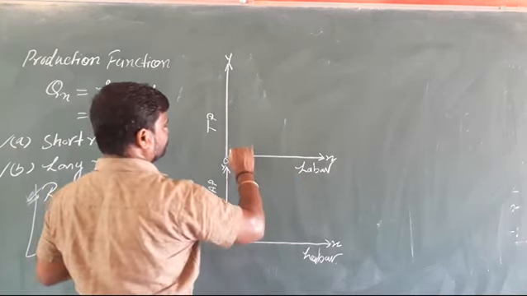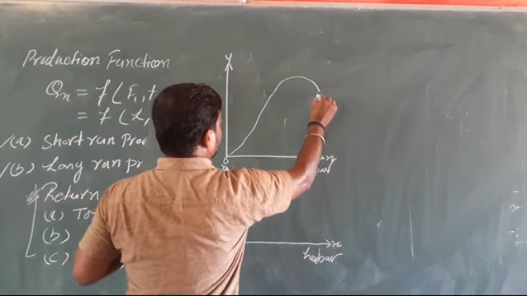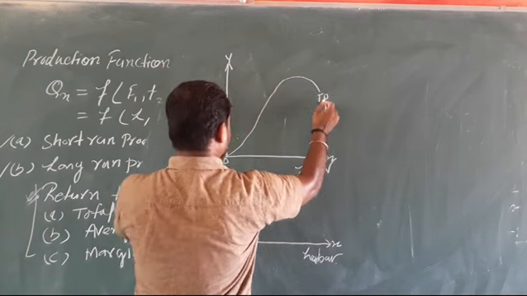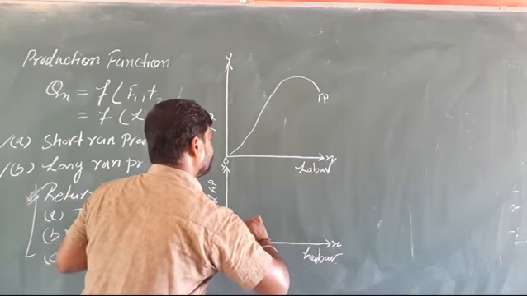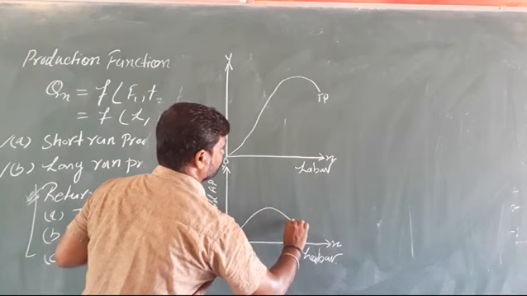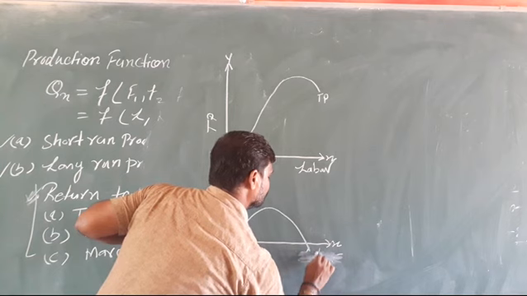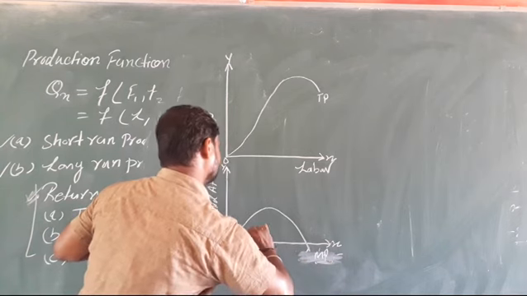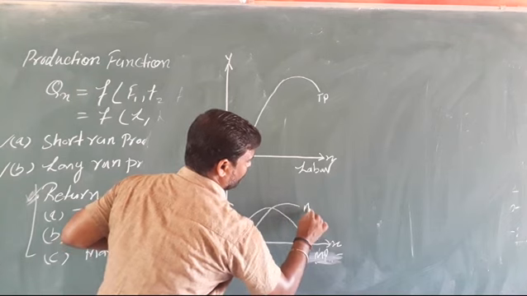Here this is total product TP, here the marginal product MP, and here the average product AP.